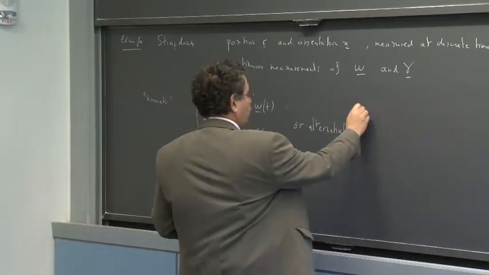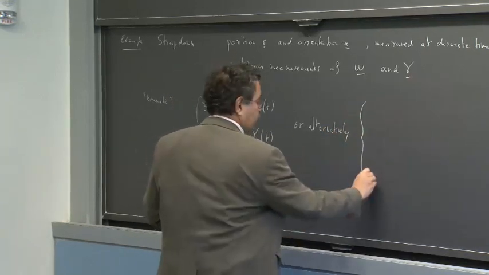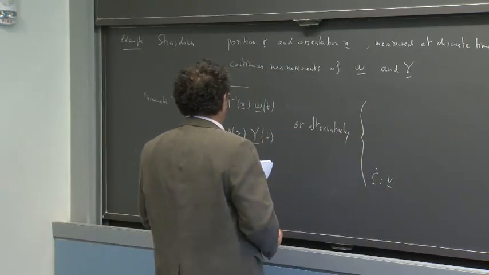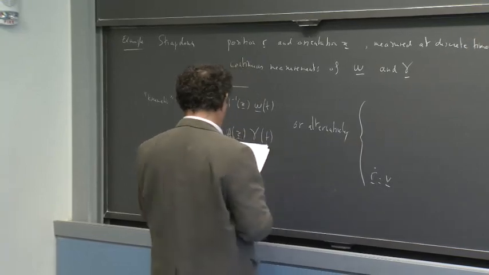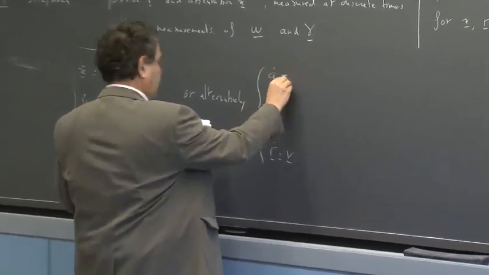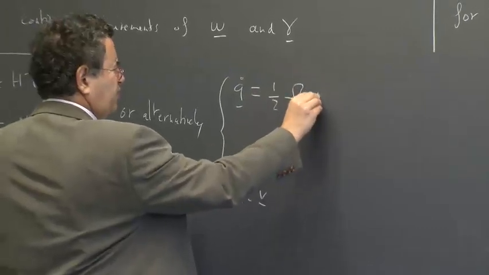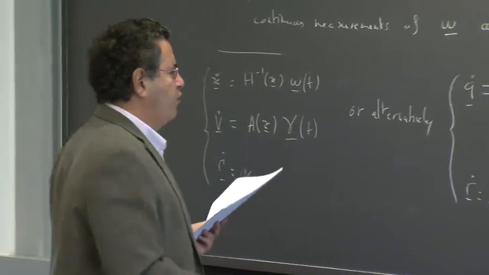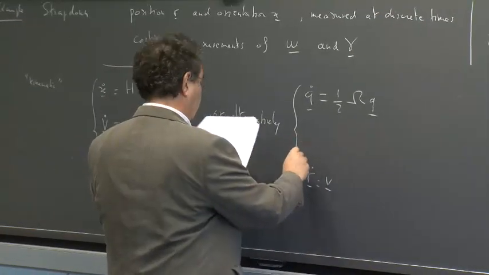So if you do use quaternions, then we still have, of course, r dot equal v. And then we have a quaternion vector. I'll come back to that in a second. And the kinematic equation then becomes q dot equal 1/2 of omega q. I'll explain that in a second.